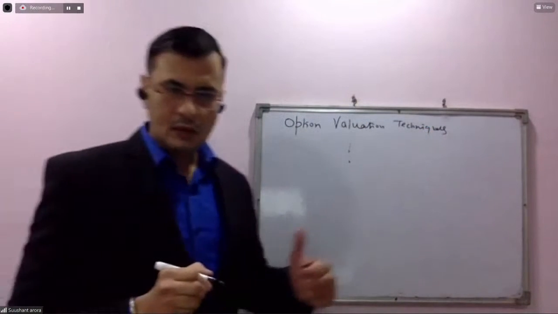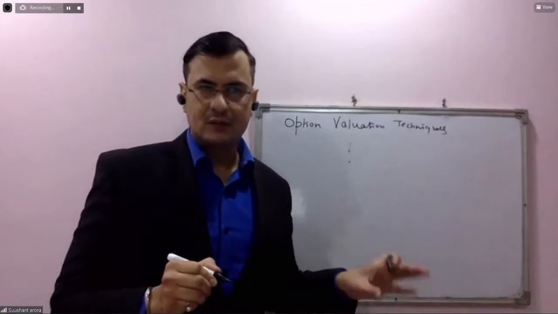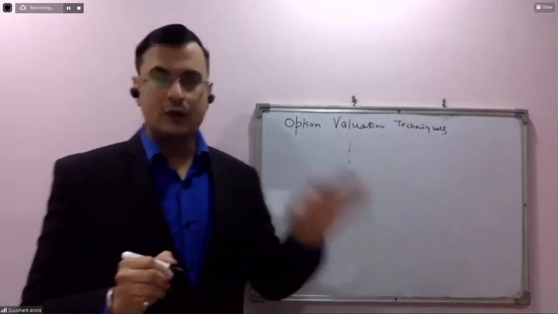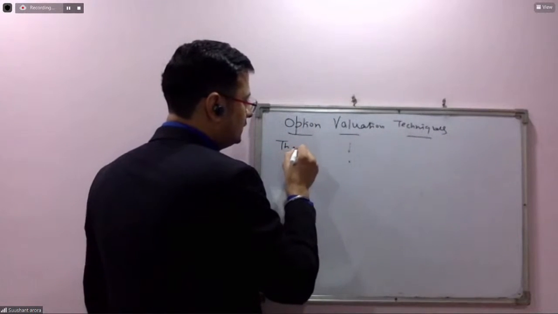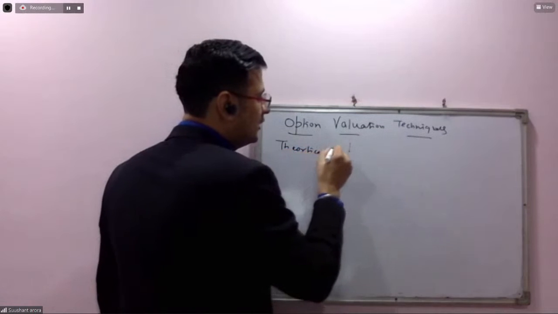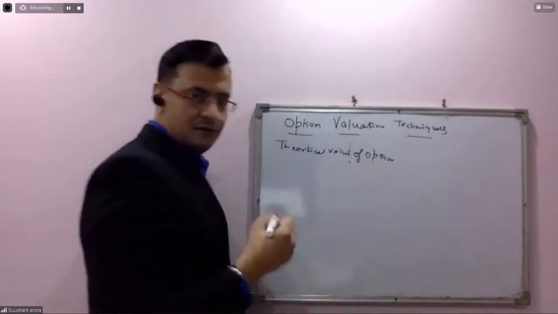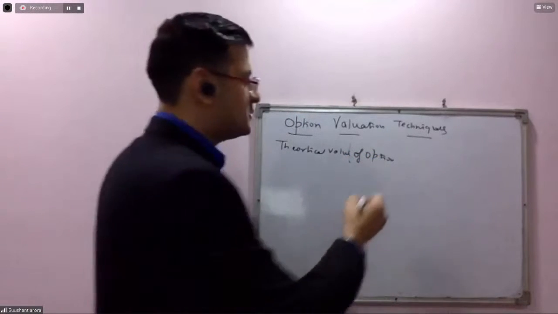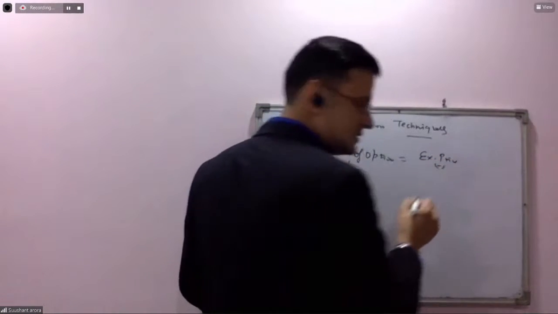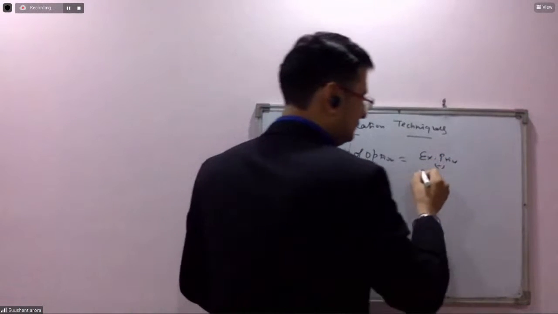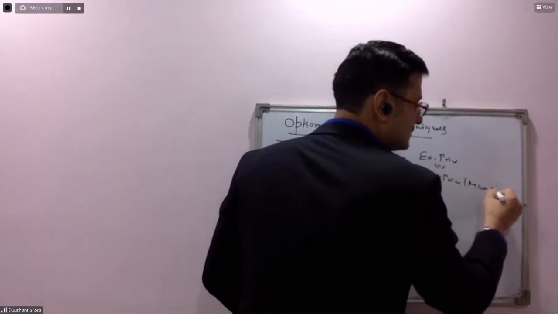Basically, what you have to consider is the theoretical value of option, which I have just spoken about, which is the difference between exercise price minus your spot price, which is also called your market price.